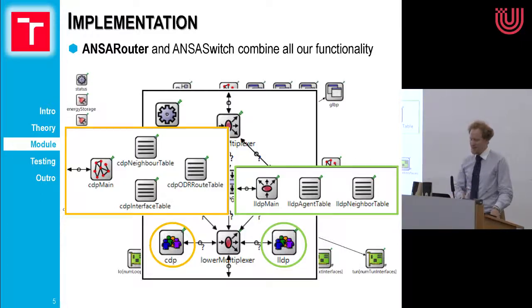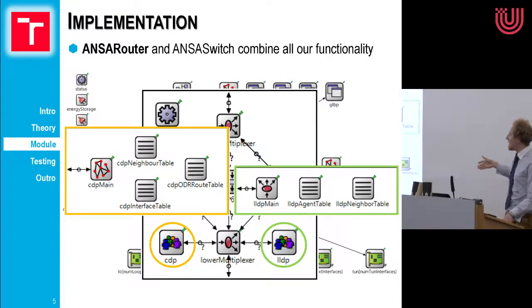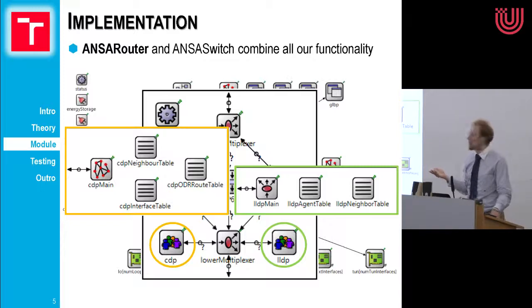Each one of them is designed using a similar pattern, where we have some main module, like CDP main or LLDP main, which is responsible for exchanging CDP and LLDP messages. For holding the state of these protocols, we are using neighbor tables or interface tables.